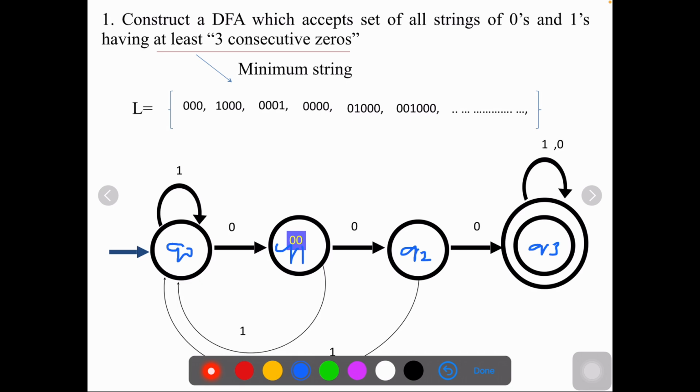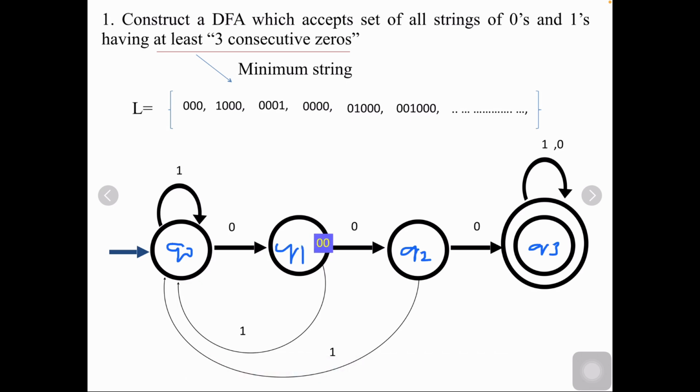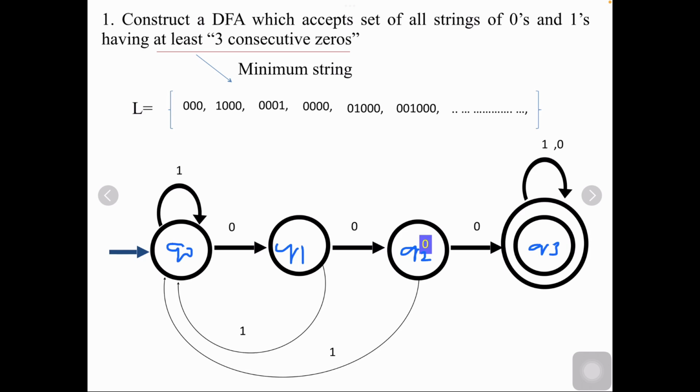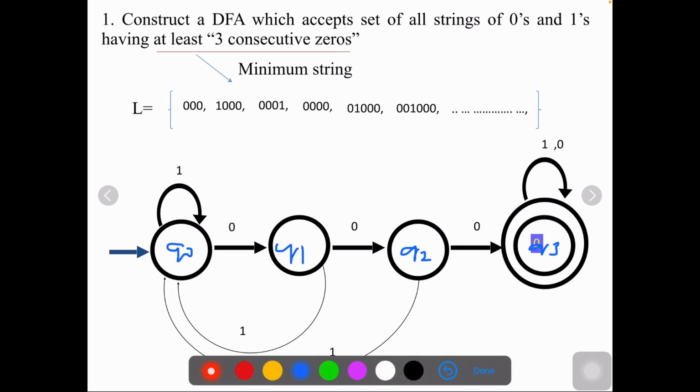On input 1 the transition moves to Q2. Again, only one more 0, and it goes to the last state, the double circle. It lands there, accepted.